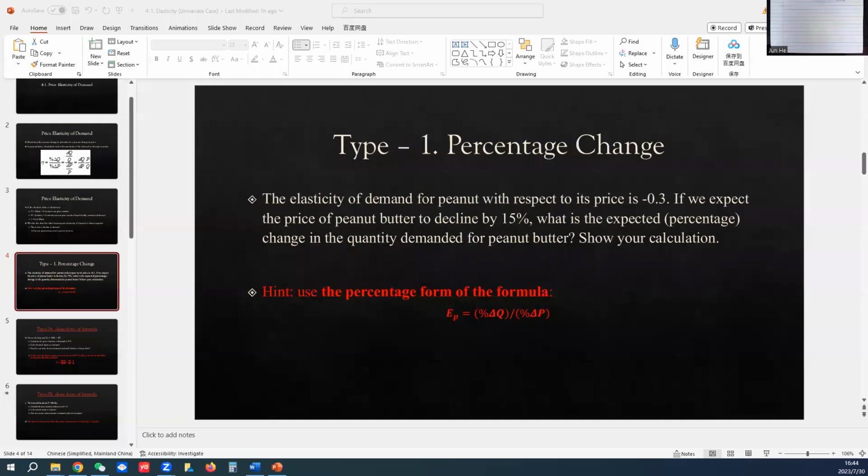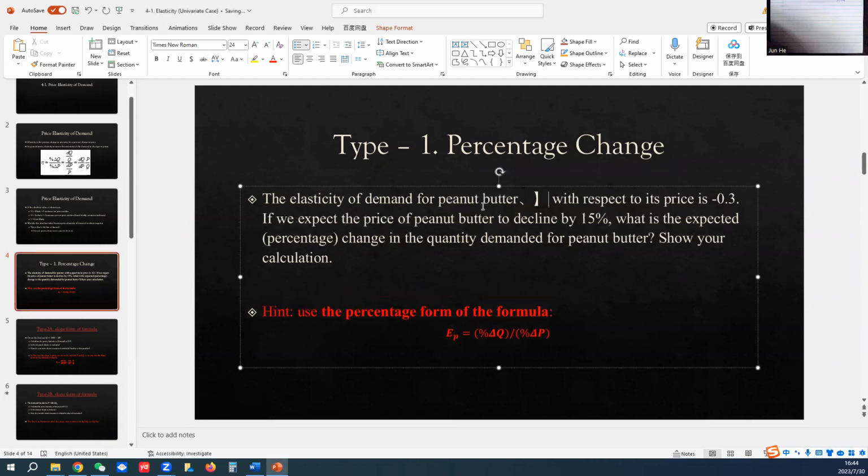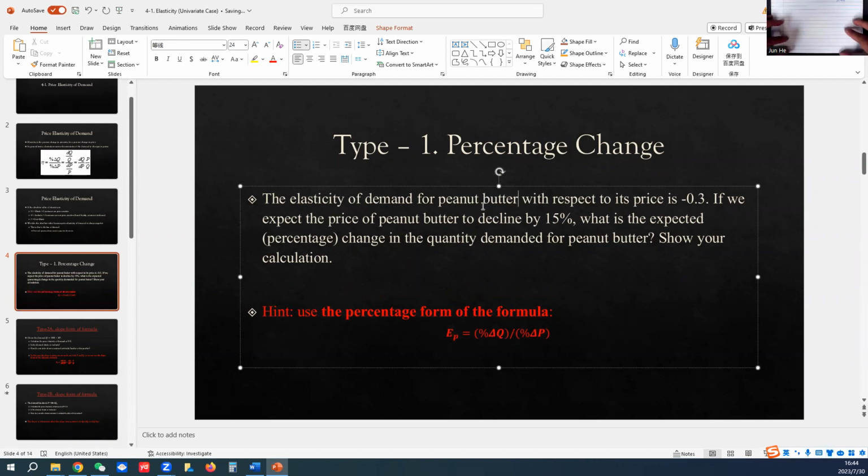If the elasticity of demand for peanuts, right here, if the elasticity of demand for peanut with respect to its price is minus 0.3, if we expect the price of peanut butter to decline by 15%, what is the expected percentage change in the quantity demanded for peanut butter? Show your calculation. Okay, so now let's turn to the calculation.